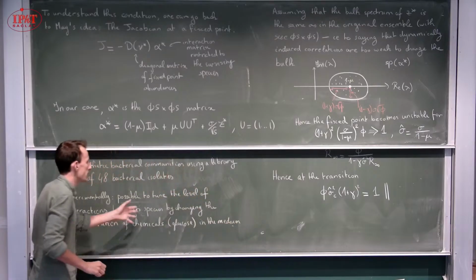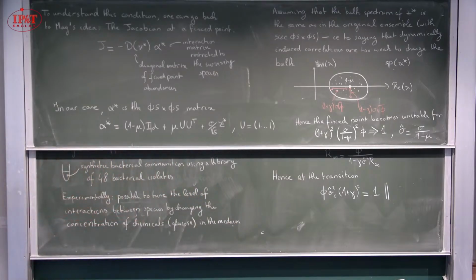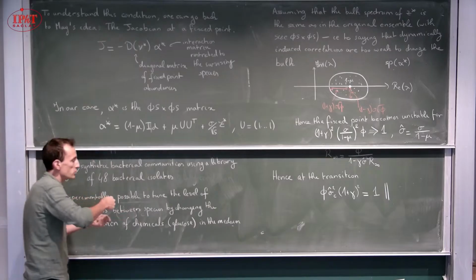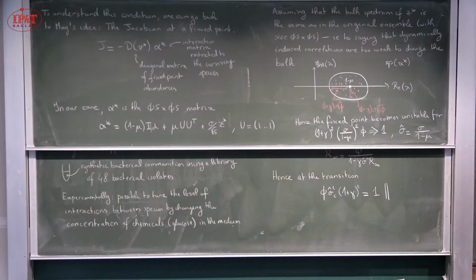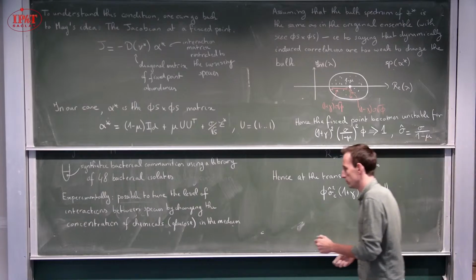And they did that tuning through 2-species experiments, where they see that increasing the concentration of chemicals tends to increase the fraction of pairs where one species completely outcompetes the other, meaning that it tends to increase the strength of the interactions between the different species.